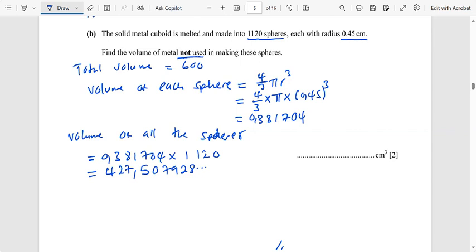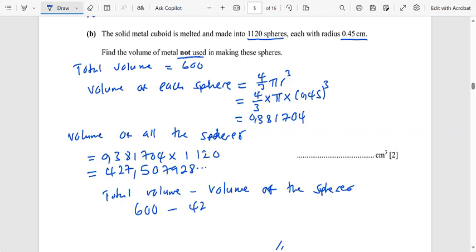So to get the volume that has not been used, we're going to say total volume, subtract the volume of the spheres. So the total volume is 600 minus 427.507928.